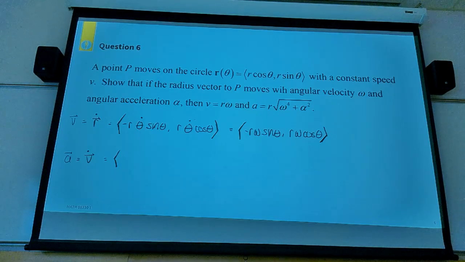No, right? It's a circle. That's good. r is constant. Omega, angular speed. Does that change with time? Yes, it does. Does sine of theta change with time? It does. Again, your angular position is changing because your point's moving along the circle, so your theta is changing. That's a product rule.